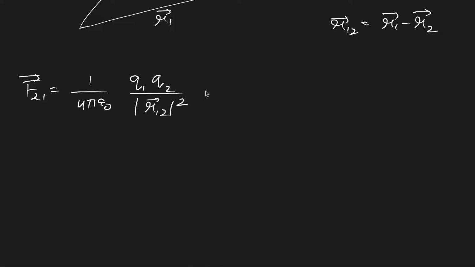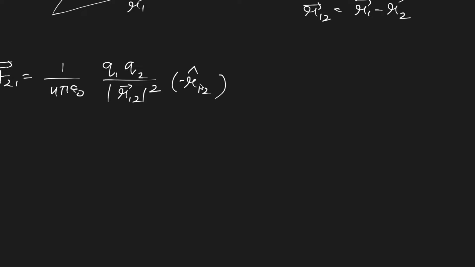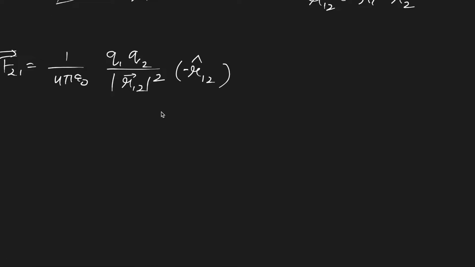And then minus the unit vector r12, because it is in the opposite direction. I simply take the unit vector as negative, so it becomes the negative r12 vector.